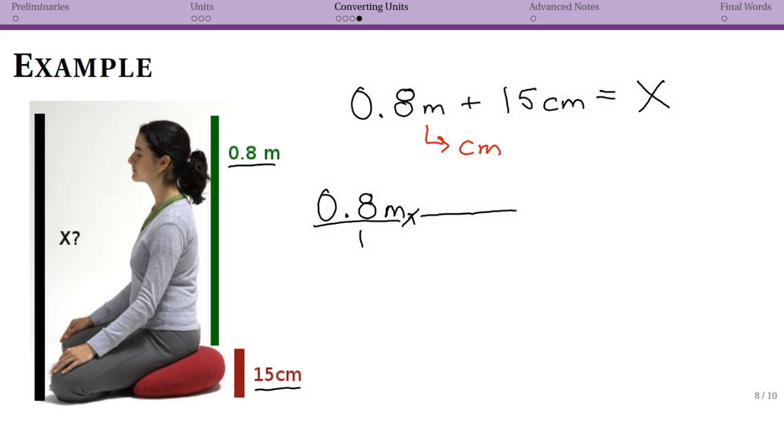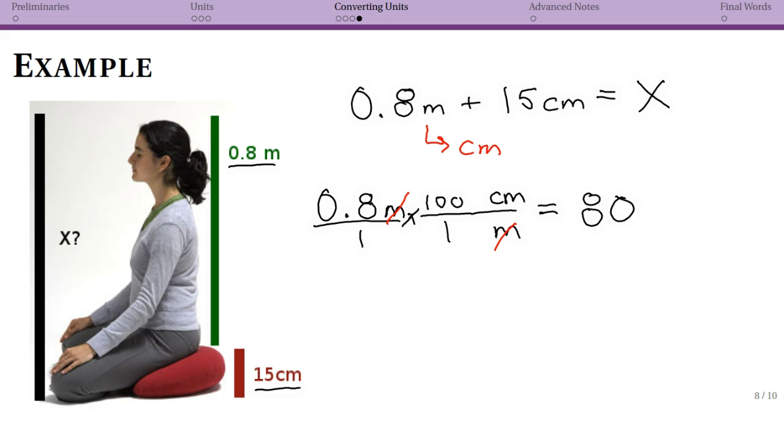On the bottom, I need meters, and on the top, I need centimeters. I need some number that expresses the equivalence between these, and it's true that 100 centimeters equals 1 meter. Now note that my meters cancel with meters, leaving centimeters, and so 0.8 times 100 is 80.